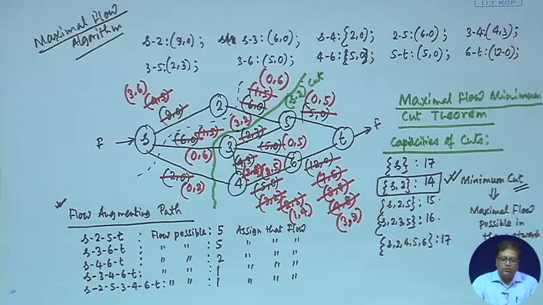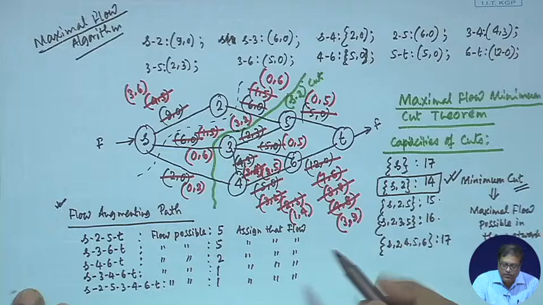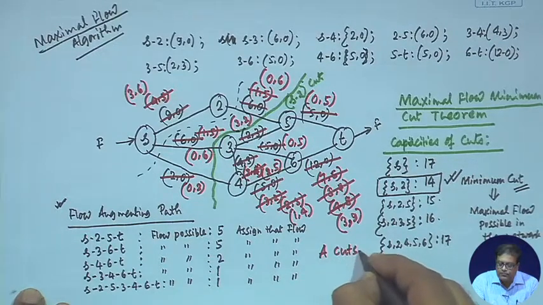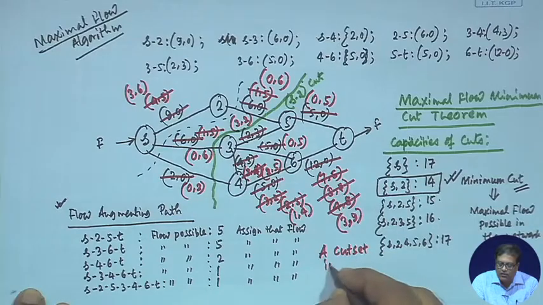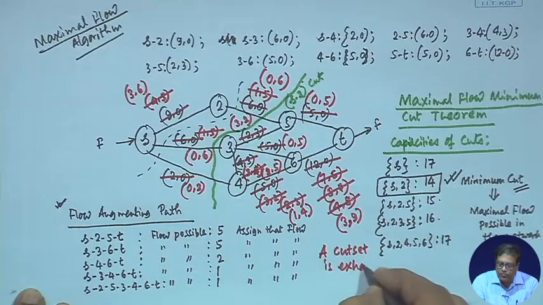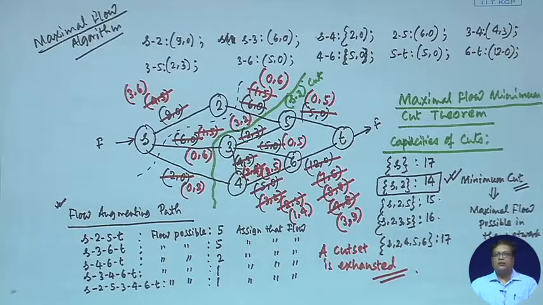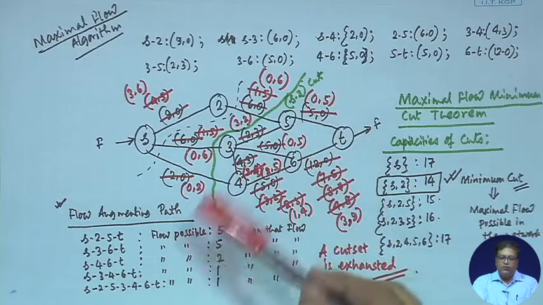So, what we call in the language is that a cut set is exhausted, no more capacity is left. As a cut set is exhausted, no more flow is possible.